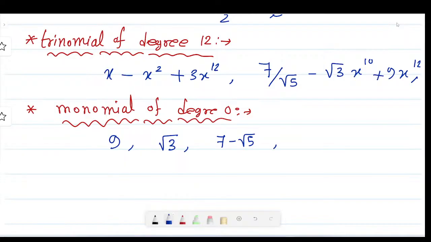Yes, of course. Remember, it is not a double term because there is no x. Both are constant terms, so together they will be a0 here. It may be 7 by 2 also, and so on.